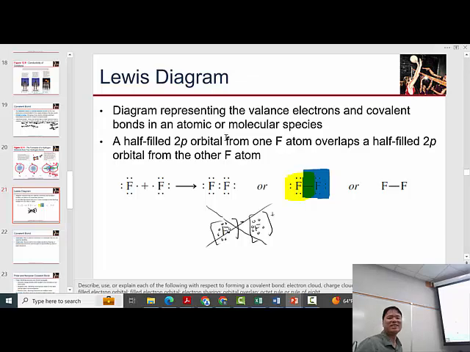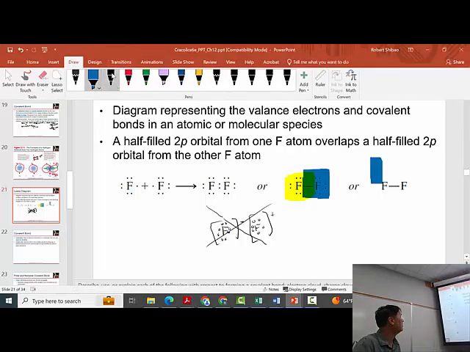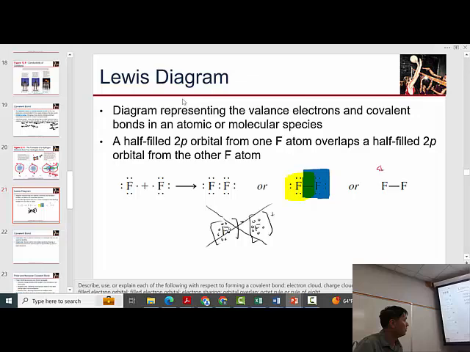Sometimes people get lazy, and so this is a shorthand way of doing it. It's not real shorthand, but the dots are there.